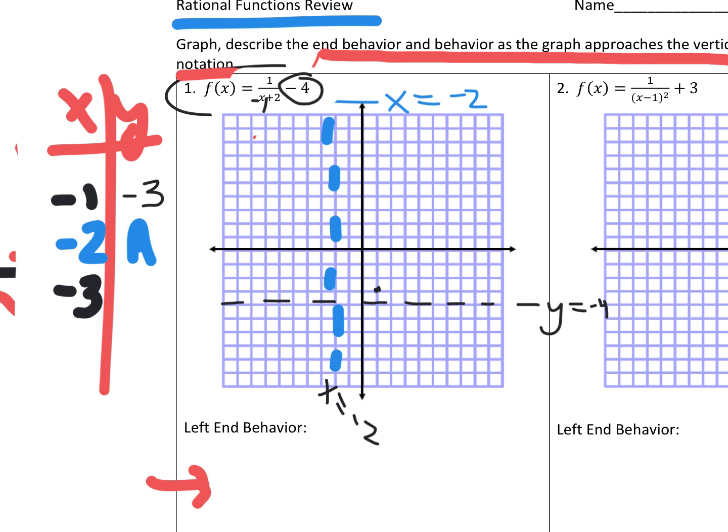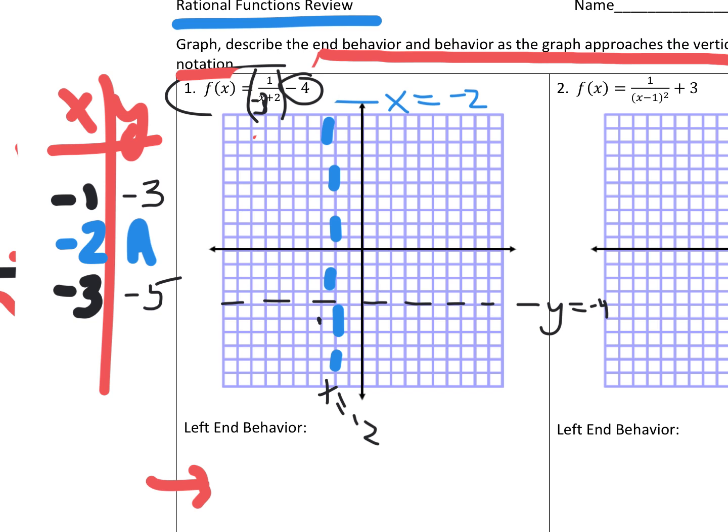Okay, now let's try -3. If I put in -3 on this graph, then that's 1 over -1, which makes -1, minus 4, which makes -5. So now I go to -1, 2, 3, 1, 2, 3, 4. There. Oh, wait. I bet some of you were like, wait, he's doing that wrong.